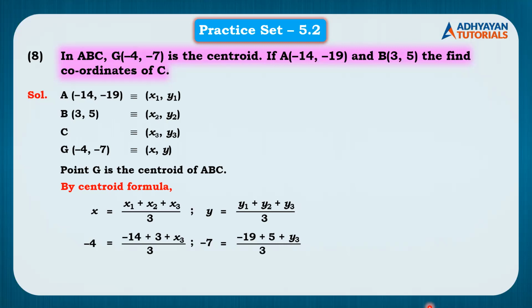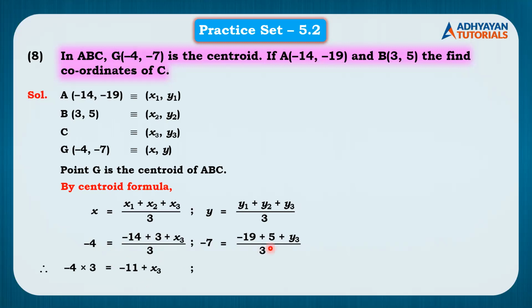Okay, now what we'll do is cross multiply. This 3 which is in the denominator will multiply with minus 4. So the next step is minus 4 into 3 is equal to... Now students, tell me, minus 14 plus 3. Minus plus is minus. So 3 out of 14, 11 remains, sign of the greater number, minus 11 plus x3, comma.